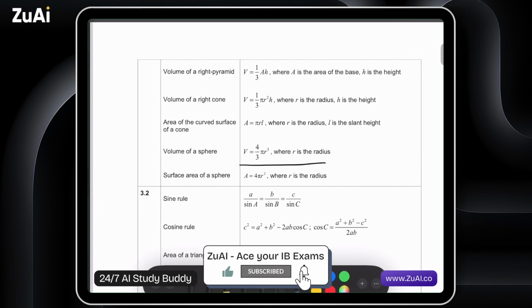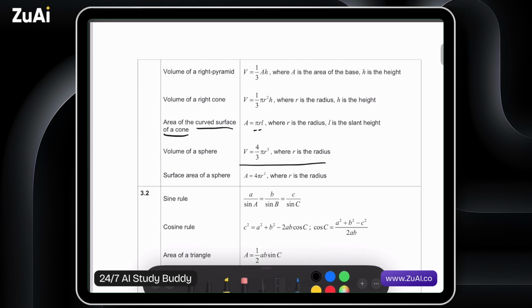The area of the curved surface of a cone is pi times r times L, the radius and the slant height. Not a lot of manipulation is needed for this question.